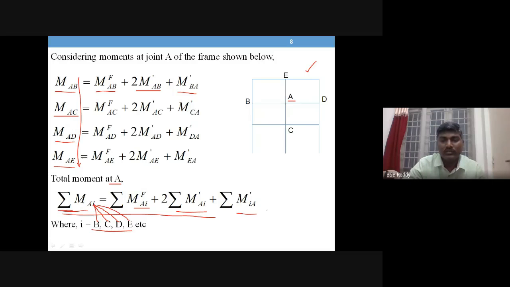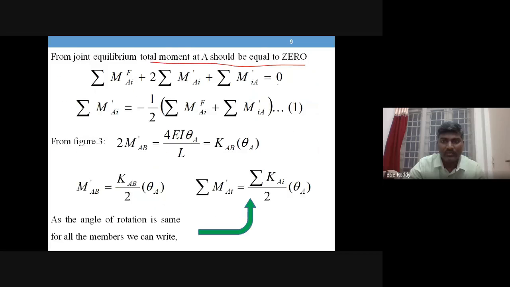So the total moment at A shall be zero, that is sigma MA should be zero. So equate that equation to zero. Our target is to find the equation for rotation contribution, which means the M dash value. So separate that M dash term and send the other terms to the right hand side.